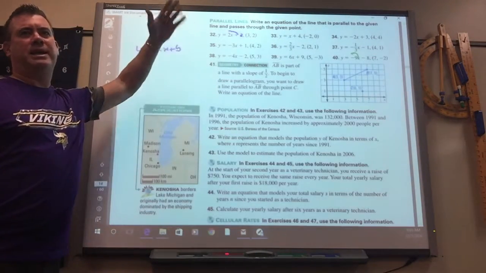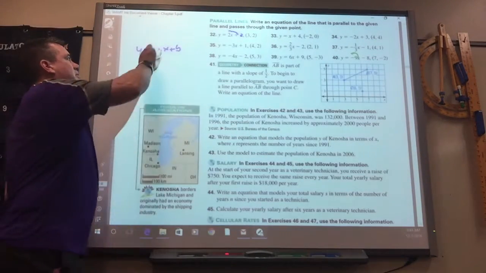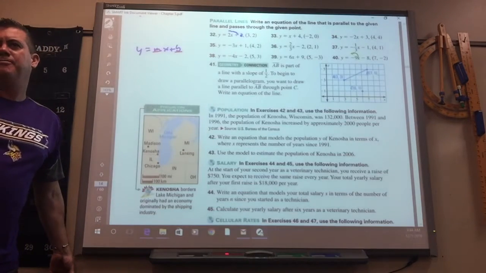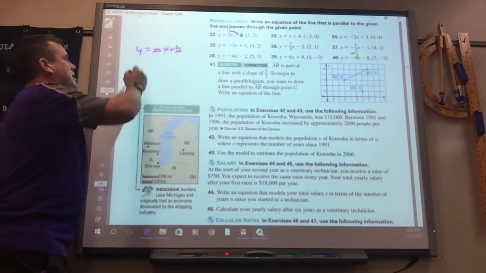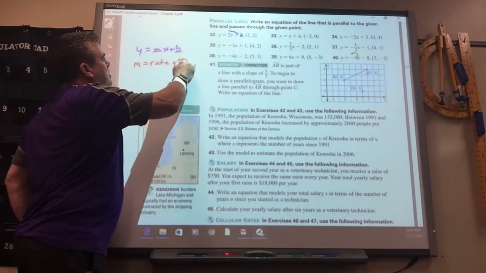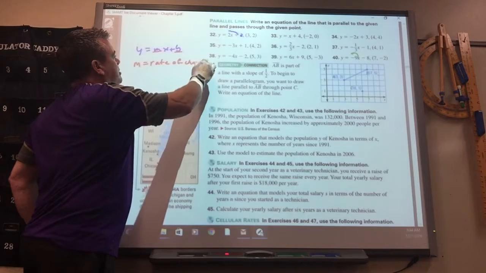In the word problems, again, you need to find m and you need to find b, and then you just plug them into y equals mx plus b. But in the word problems, the m is going to be the rate of change, how much it changes.